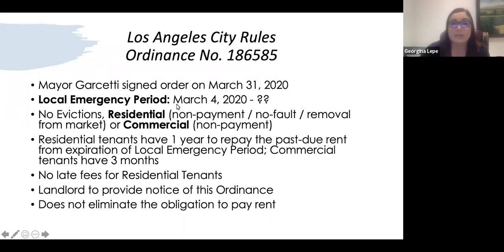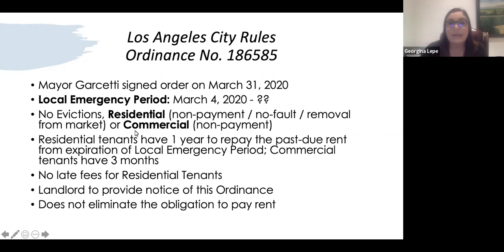You cannot serve a 3-day notice, and you cannot serve a 30 or a 60-day notice of termination of tenancy on a residential property. This is huge because if you're listing a residential property in LA, unless the tenants voluntarily vacate, you will not be able to evict them because Mayor Garcetti is saying, in my city, you cannot serve a 3-day notice, a 30-day notice, or a 60-day notice of termination of tenancy until this local emergency period has ended.